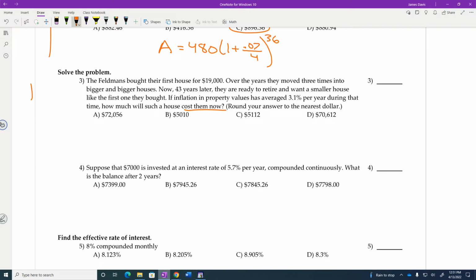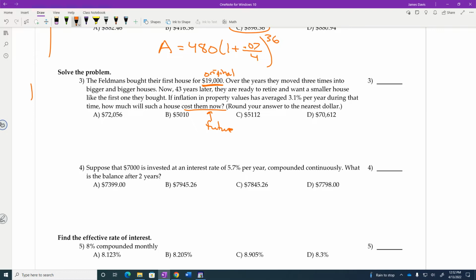So even though it's now, this is in the future. Because this was the original amount, our principal, if you want to think of it that way, which was in the past, and then it's going to continue to inflate to the future. The future is now, though. So the future is now.